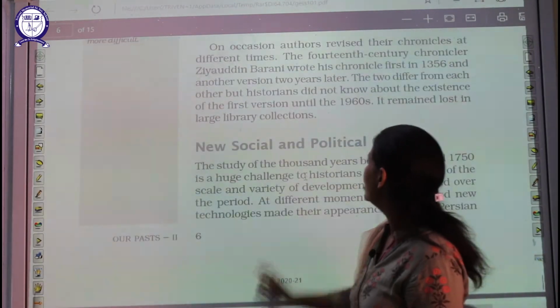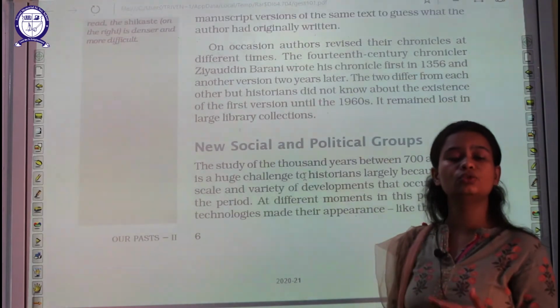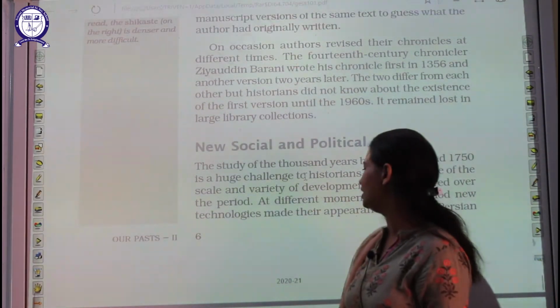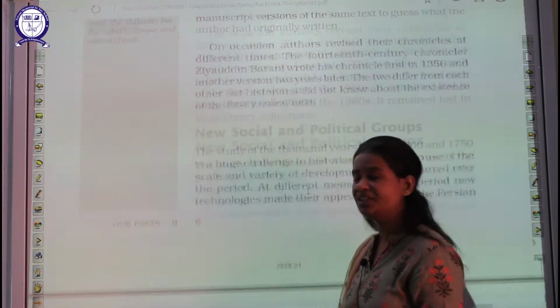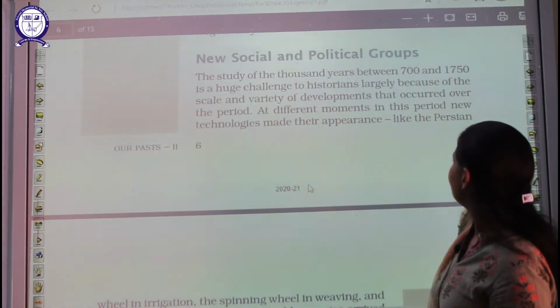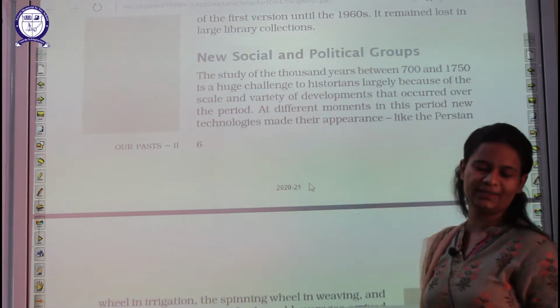The next is new social and political groups. With the change in time, various new social and political changes appeared and were felt. Now what were these changes? Firstly, during this period, new technologies came into existence.